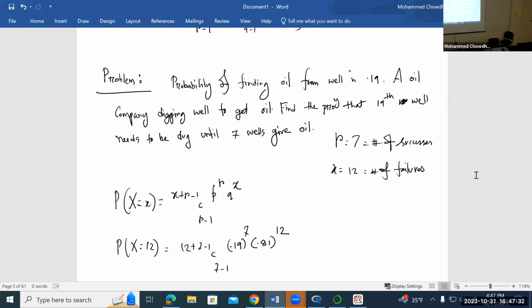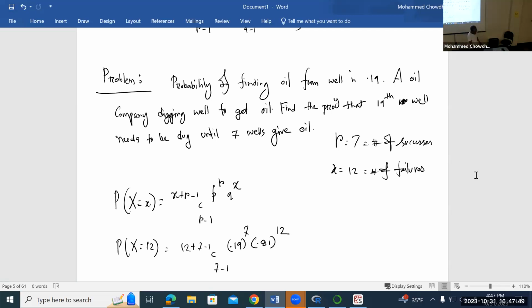Are you understanding? In negative binomial as well as geometric distributions, you have a high chance of seeing the word until: until I get 4 jobs, until I get a success. Okay.